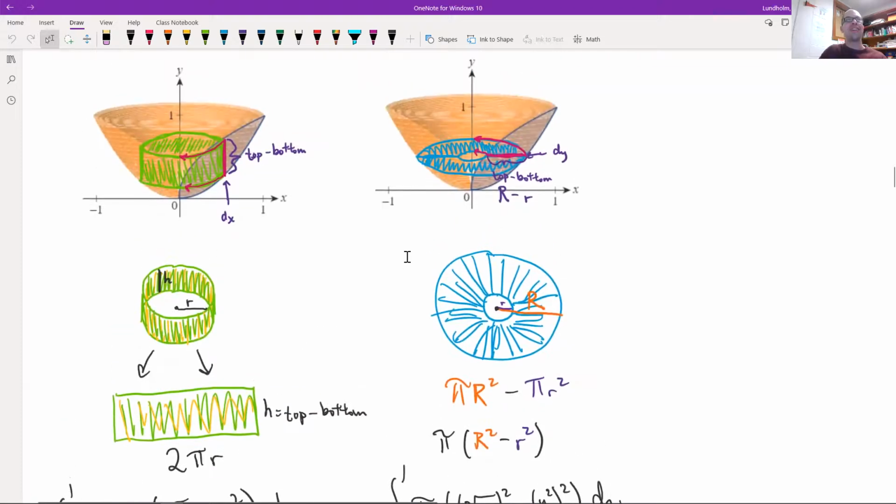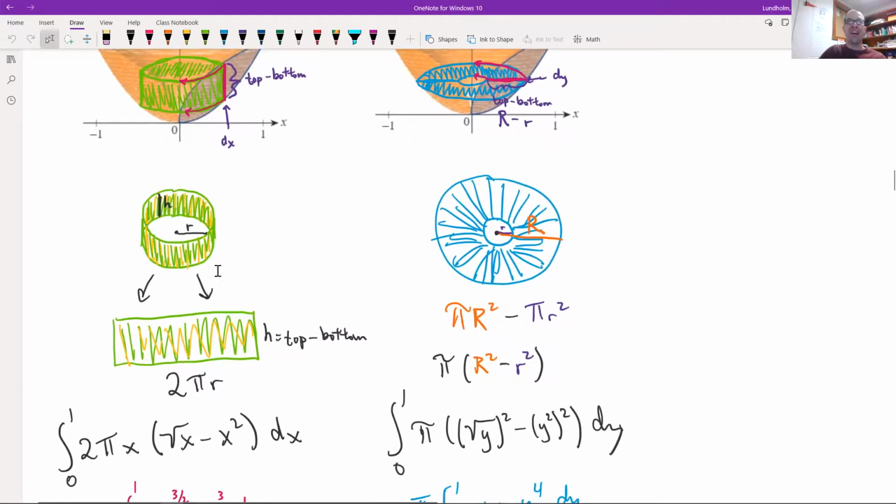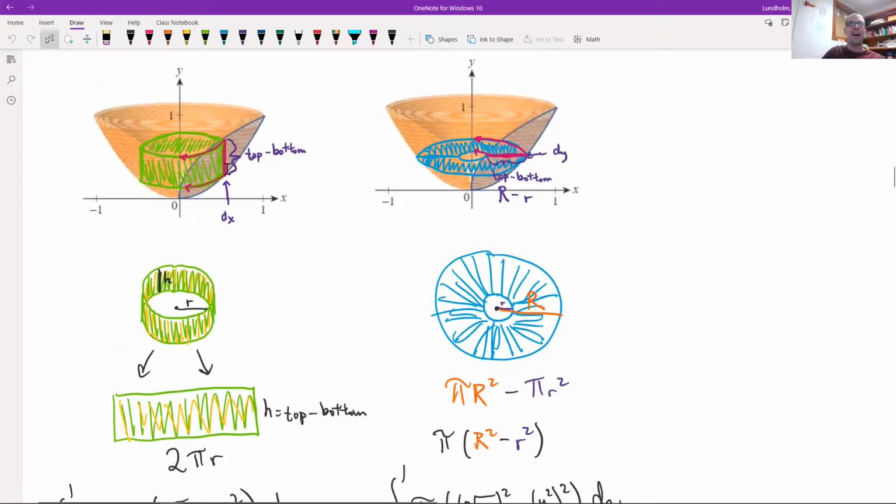And for each one, we want to come up with the area of each of these cross sections. For the cylindrical shell, it doesn't seem like an area right away, but what you do is unwrap this shell and cut it, so that you've got a height, which in this case would be the distance between the top function and the bottom function.